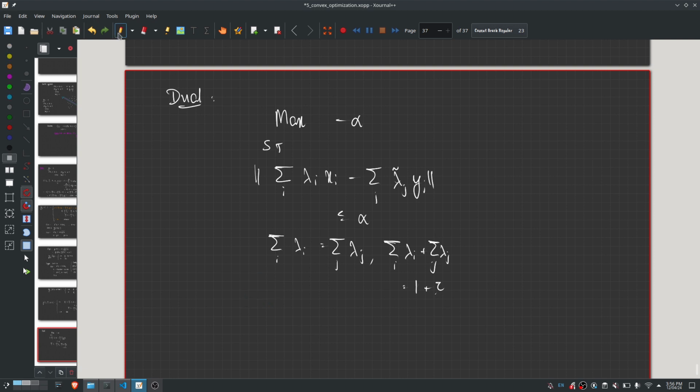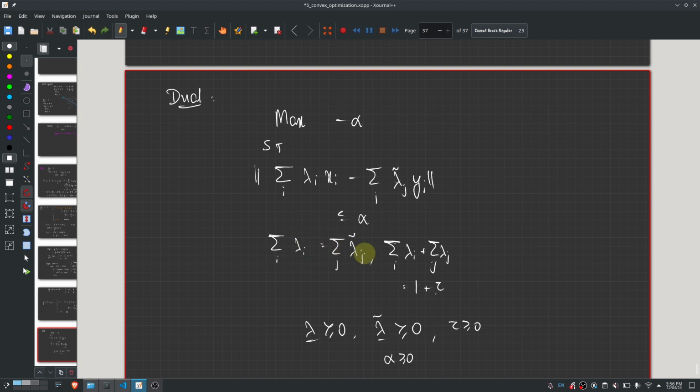Now with a little bit of simplification, you can get rid of this tau. So I want summation over lambda i plus summation over lambda j to be equal to 1 plus tau. And I have another set of constraints that lambda is greater than or equal to 0, lambda tilde should be greater than or equal to 0, tau should be greater than or equal to 0, and alpha should be greater than or equal to 0.